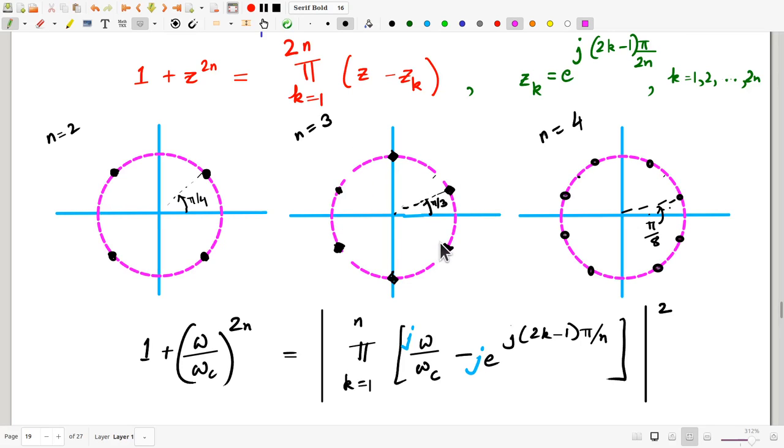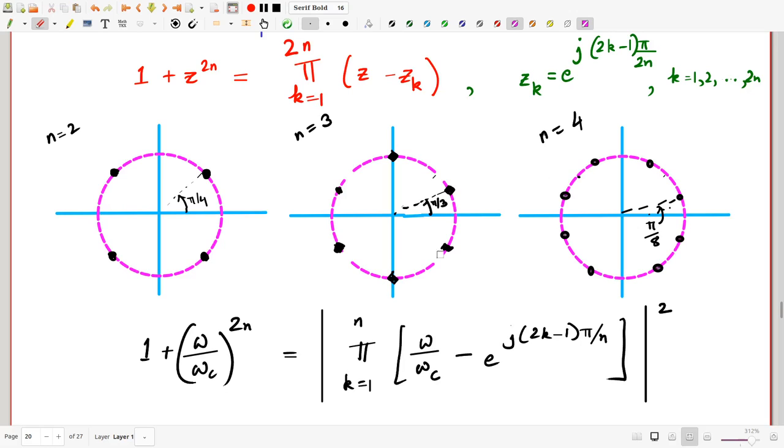Omega by omega c is purely real, so let's forget about the j for the time being. Omega by omega c minus zk and omega by omega c minus zk conjugate are conjugates of each other, so multiplying them together just gives you the mod square of omega by omega c minus zk.